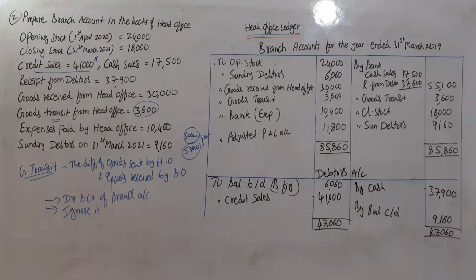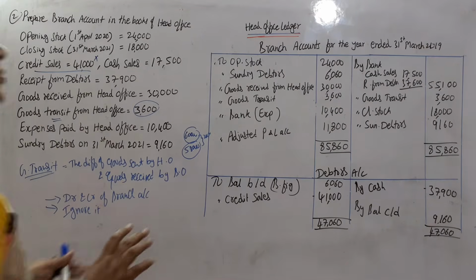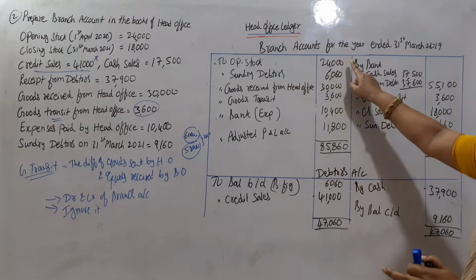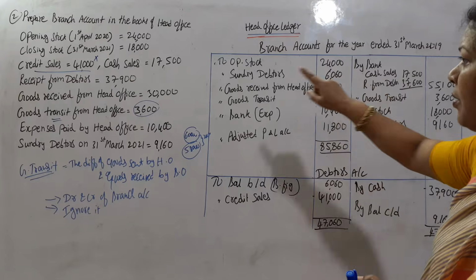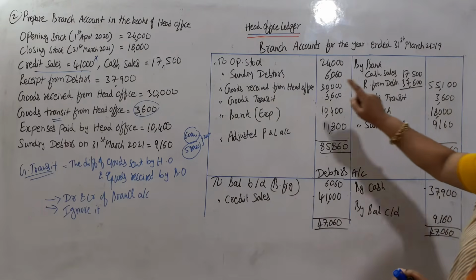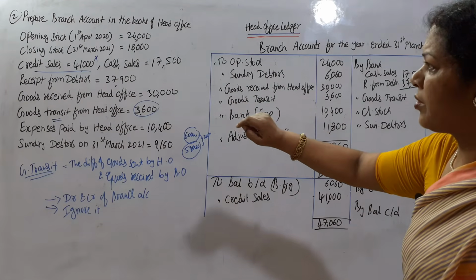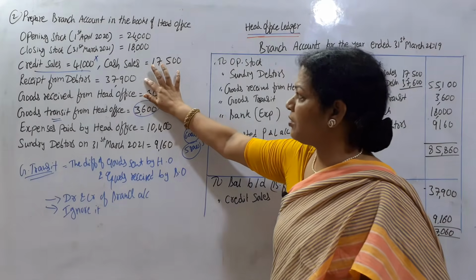So let me keep the calculator over there. Okay. Let's check the problem once again. 24,000, 60, and by bank, cash sales 17,500, and debtors 37,600.